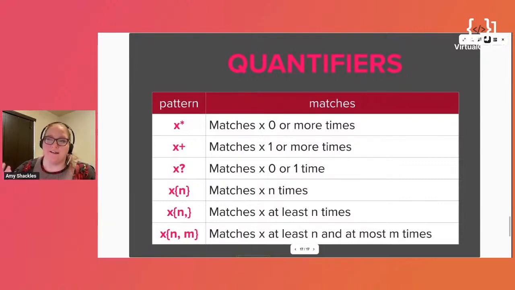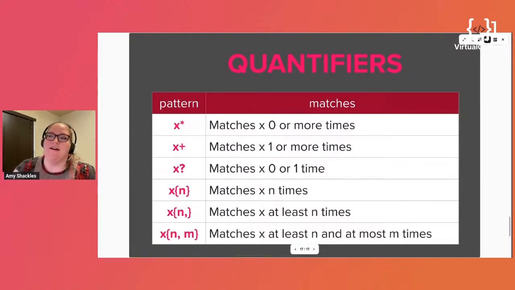So if you have x and an asterisk, it can match x, it could match xxx, it could match xx, etc. x plus means it has to match one or more times, so you can't have no x, whereas if you have x asterisk, that's an option. It could also not exist. So it doesn't have to be in the string. Whereas when you have x plus, it has to be in the string at least once.